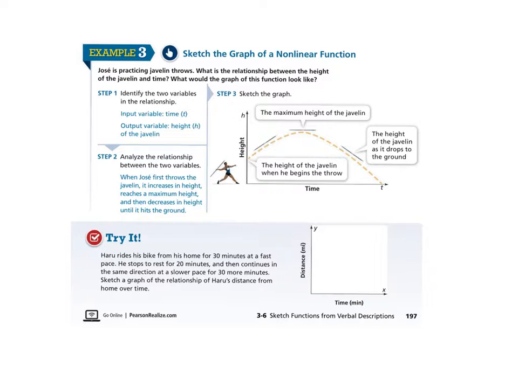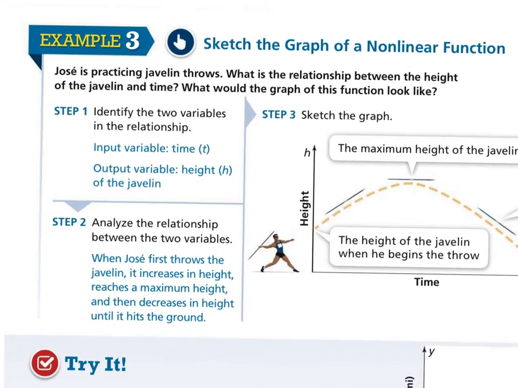Example 3, Jose is practicing javelin throws. What is the relationship between the height of the javelin and time, and what would the graph of this function look like? So this picture, none of the picture stuff is given to you. So we're just imagining, maybe.